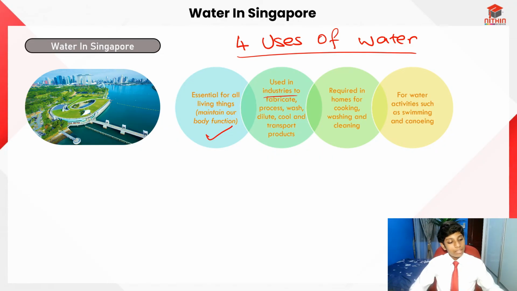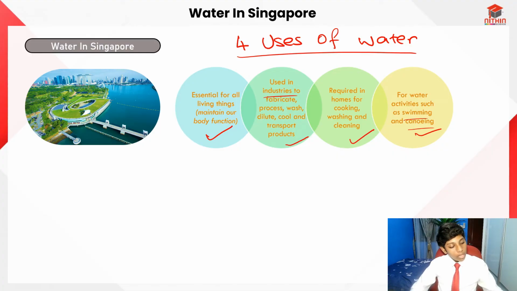Water is also required in homes for cooking, washing, and cleaning, so basically household use. Water is also used for water activities, so recreational purposes such as swimming and canoeing. These are the 4 uses of water.